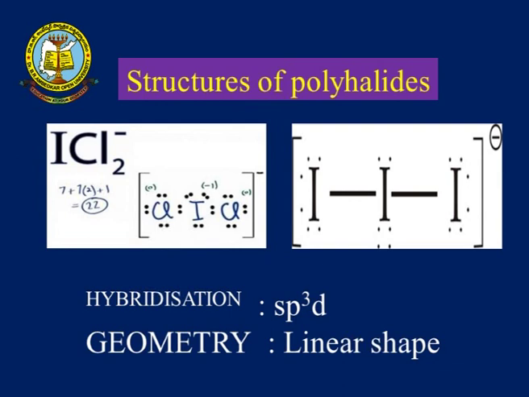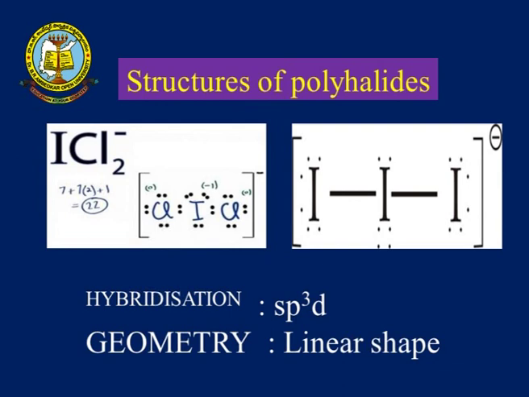Out of the 8 electrons, only 2 electrons form bonds with the 2 terminal chlorines, right. The remaining 3 pairs are lone pairs present here. So, 3 lone pairs and 2 sigma bonds around iodine, 2 sigma, 3 lone pairs, total 5.